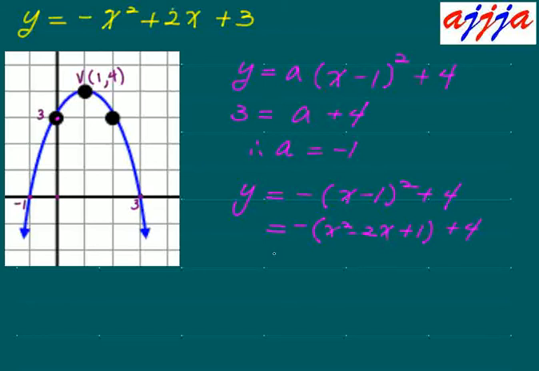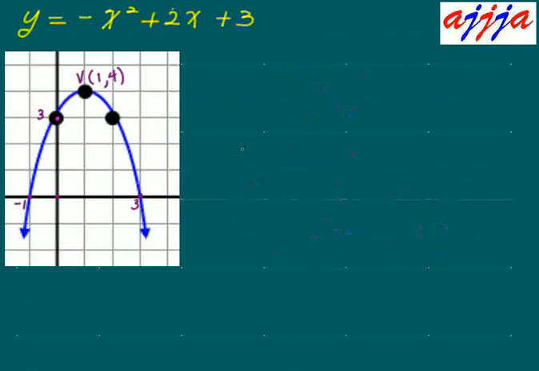So now negative x squared, then negative times negative is a positive 2x. Now what about this one right here? Negative 1 plus 4 makes plus 3. Fantastic. Wow, man, exactly the same.